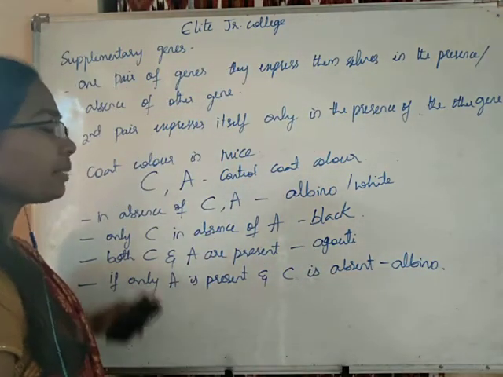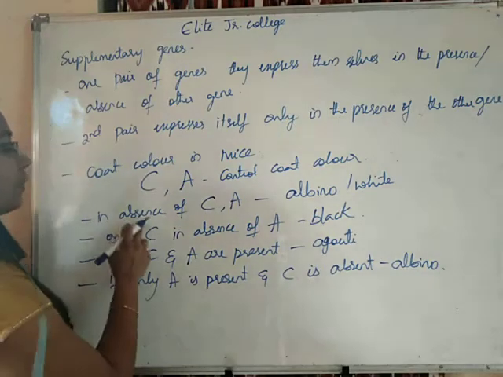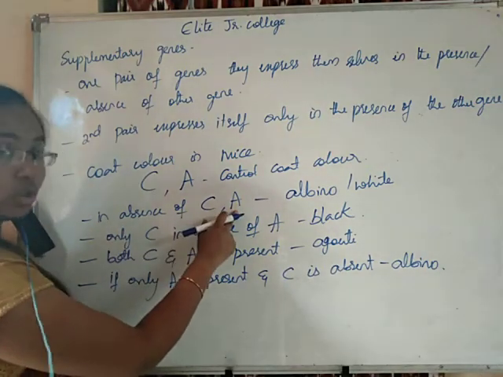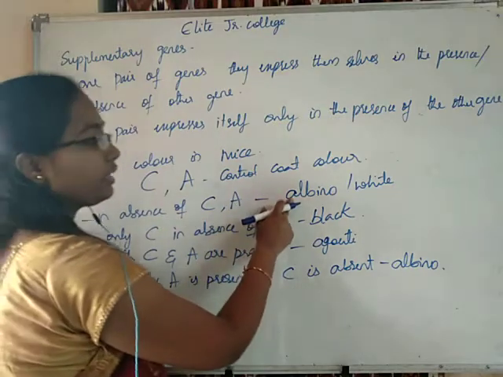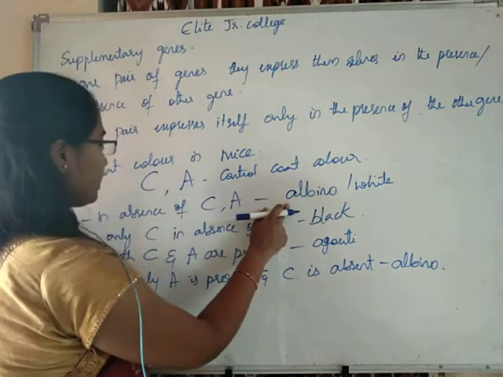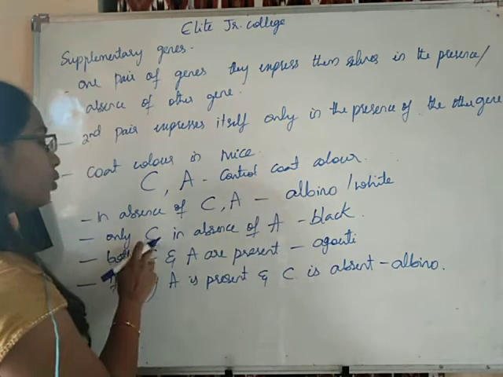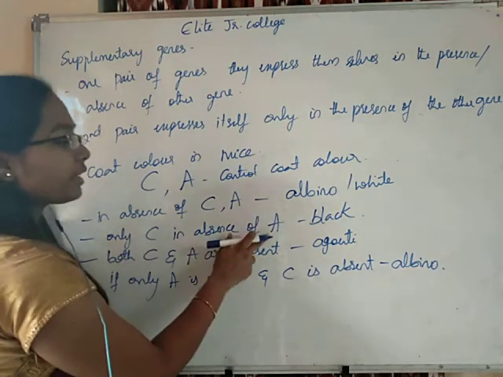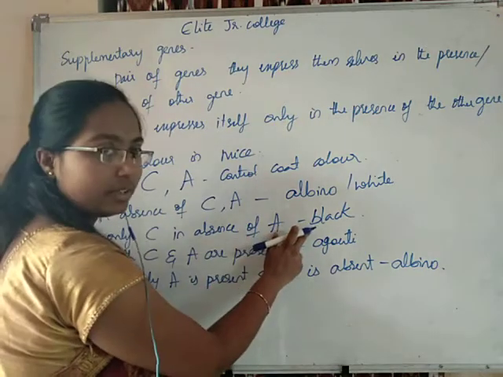See what observations are made here. If both capital C and capital A are absent, albino color is expressed. If only capital C is present and capital A is absent, then black color is expressed.